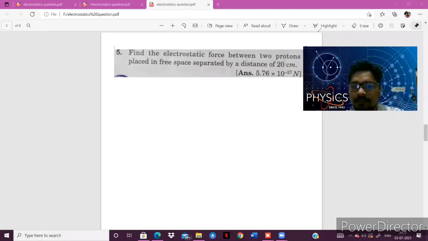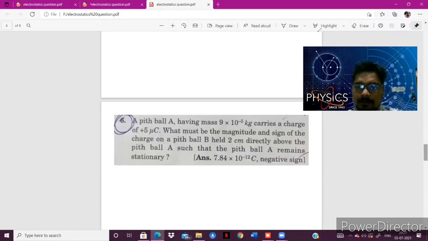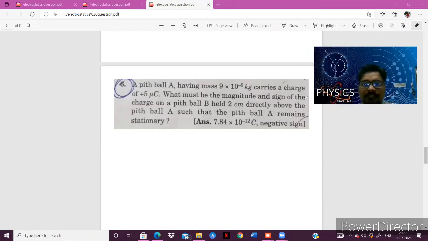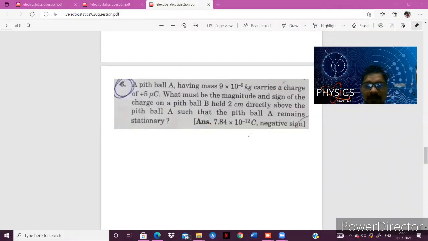The next question is: a pith ball A having mass 9 into 10 to the power minus 5 kg carries a charge of 5 microcoulomb.